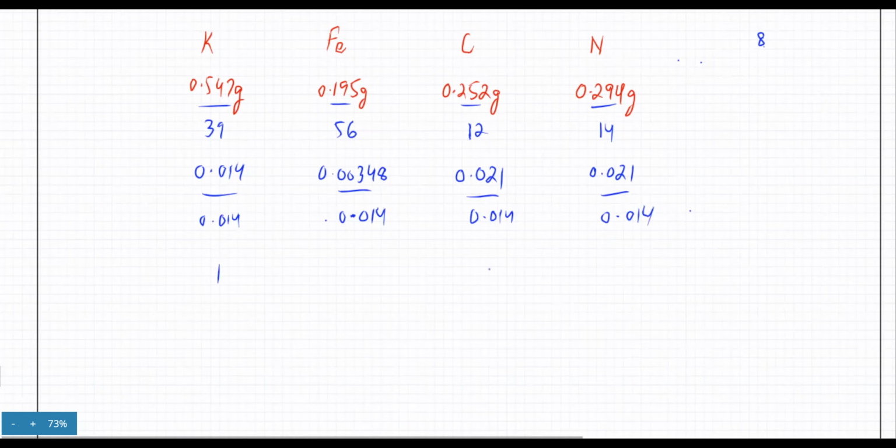This is, I think, 1.5. और ये क्या है? 0.25. Now the problem is sometimes your ratios at the end are not going to come out to be whole numbers. Even if you divide by the smallest, they're still not going to come out to be whole numbers, which is the case in this one.